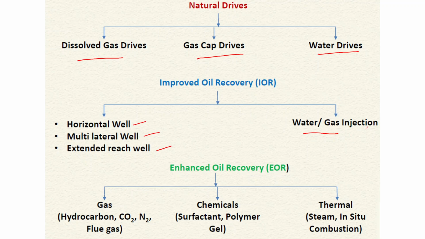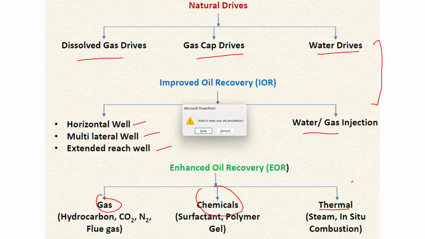One more point to be noted is that in both the earlier methods, no change in the physicochemical property of the crude oil takes place. But in this method, as we use different kinds of gases, chemicals, and heat, the physicochemical properties also sometimes change during enhanced oil recovery.